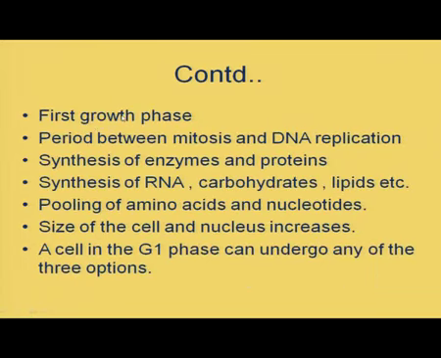It is also known as the growth phase, G1 phase, G for growth, 1 for first. So, it is known as the first growth phase, and it is the period between mitosis and DNA replication. During the S phase there occurs DNA replication, and G1 is the stage between M phase and the DNA replication phase, S phase.